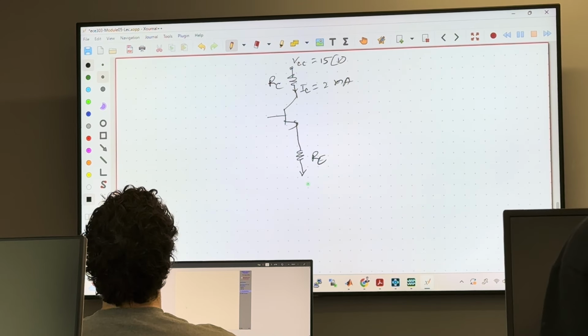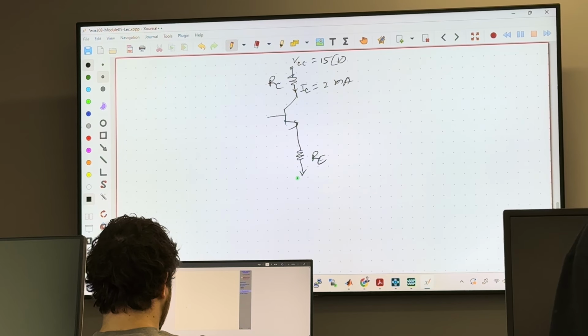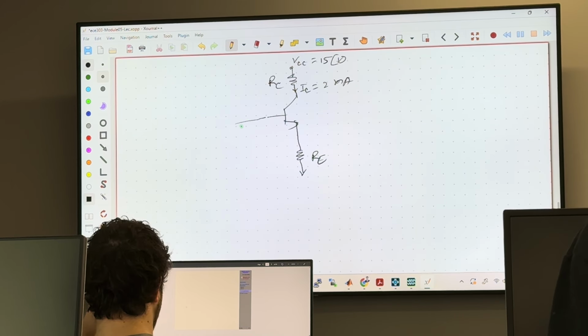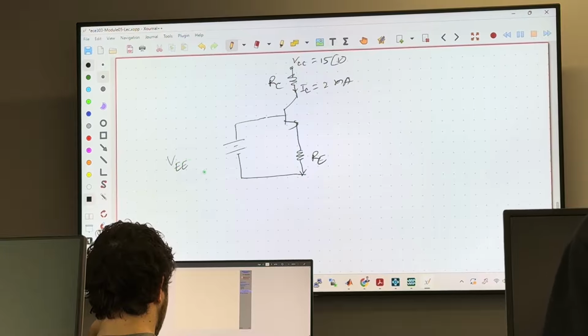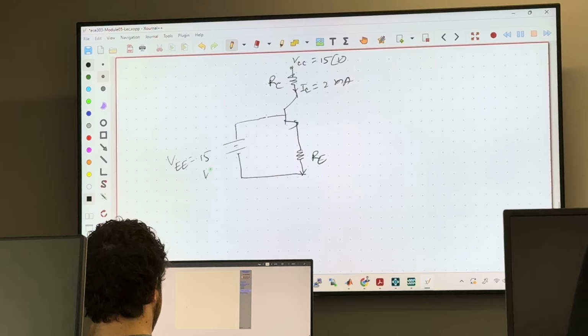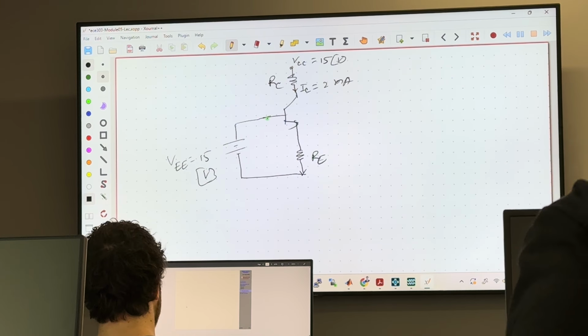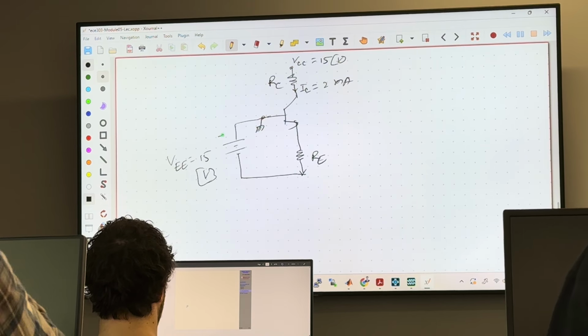And this is VEE equals 15 volt with respect to ground, and this is connected to ground, guys. This is positive, this is negative.